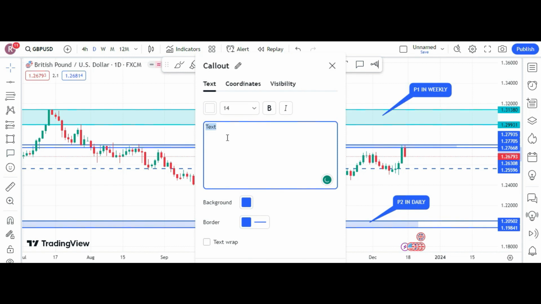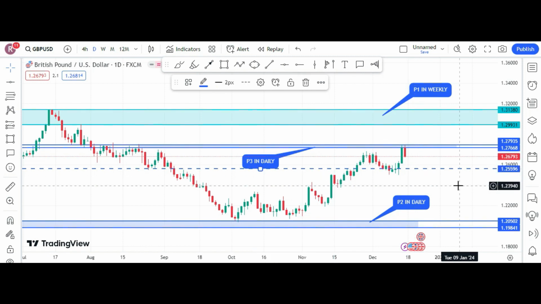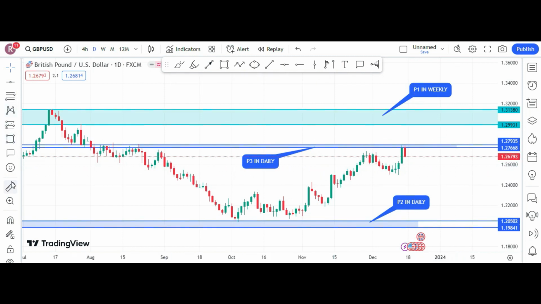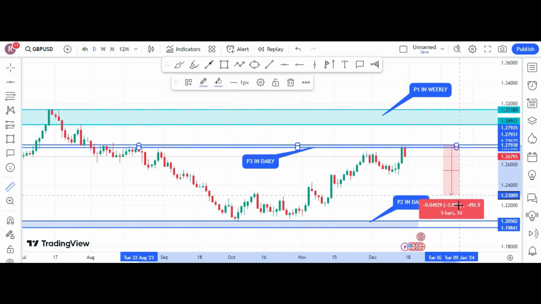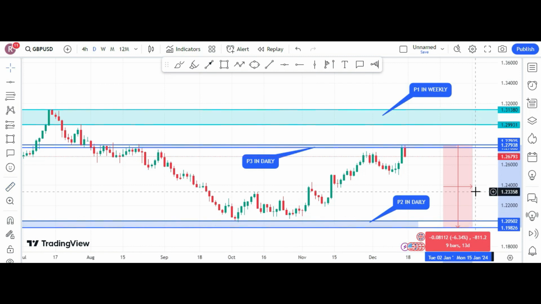If we consider pattern 3 in daily, okay, so now this has become invalidated, so we have a new range from here to here. Okay, so the price is supposed to come here now. This is the analysis I have at the moment.